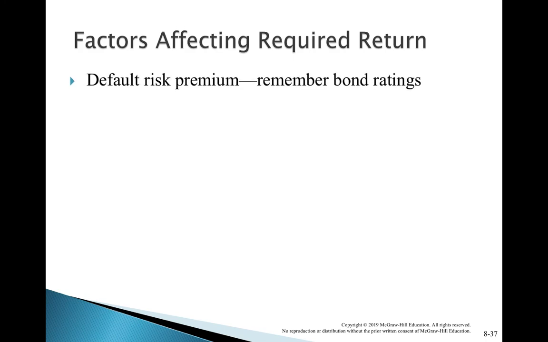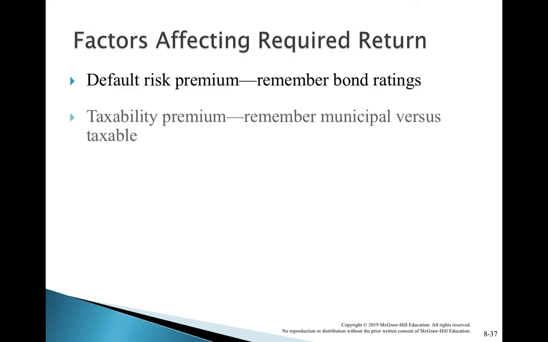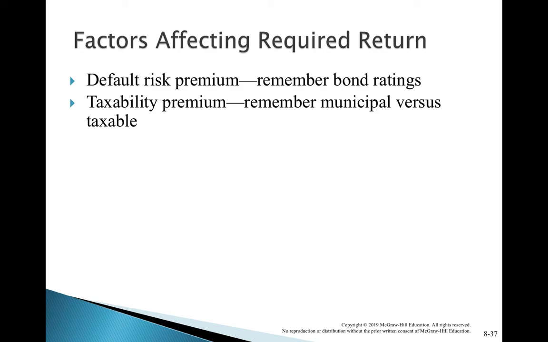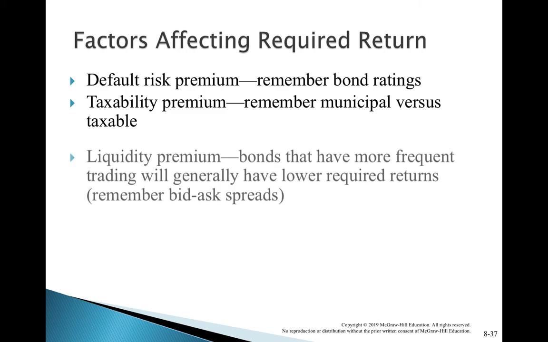Default risk premium: remember bond ratings. If the bond rating is low, the default risk premium is high. If the bond rating is high, the default risk premium is low, because the rating gives assurance. If it is highly rated, then there is no need to add a high risk premium. Taxability premium: remember municipal versus taxable bonds, the tax rate which you pay on the coupon.